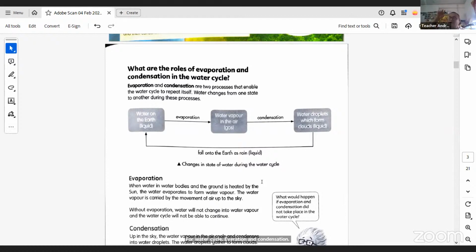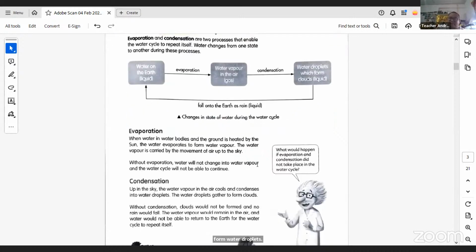Condensation means going down, standing by to go down. So water on the earth is in liquid form, evaporates to form gas, water vapor. When it reaches the sky, it becomes cold, it condenses to form water droplets, and it falls back to the ground. So this pretty much summarizes the roles of evaporation and condensation in the water cycle.